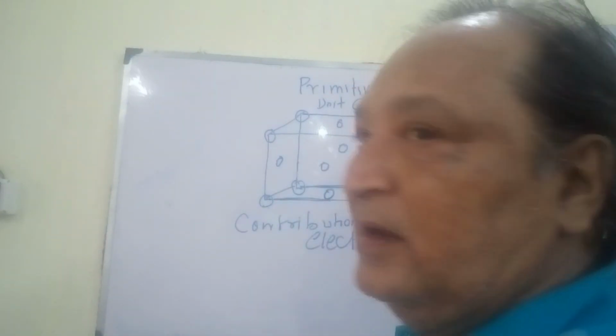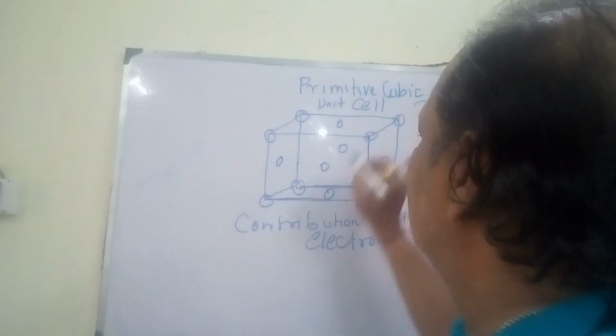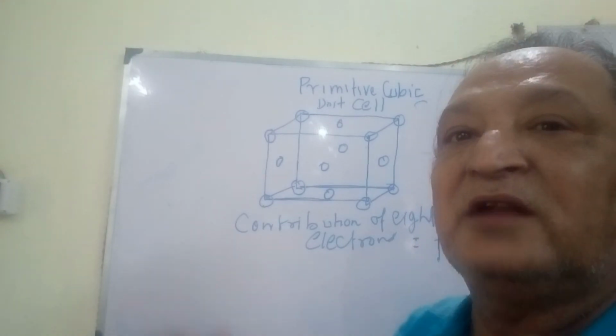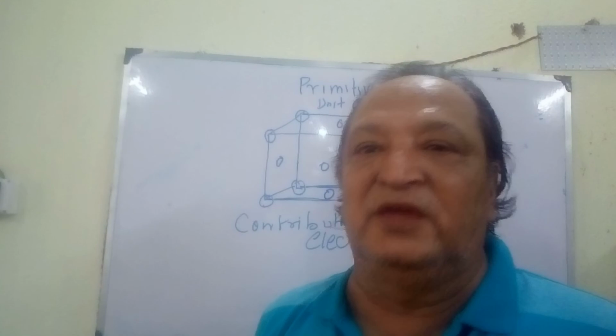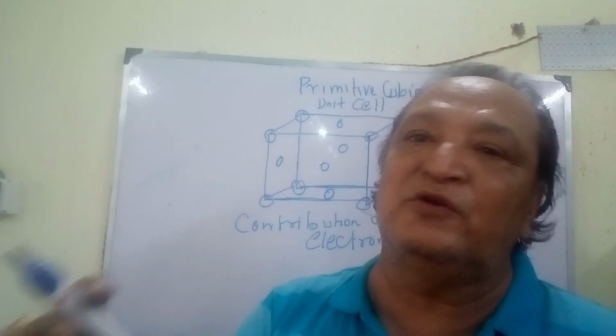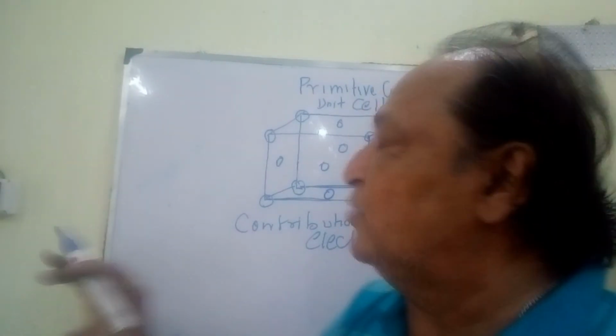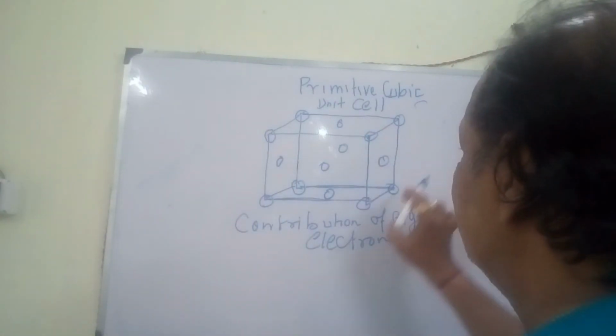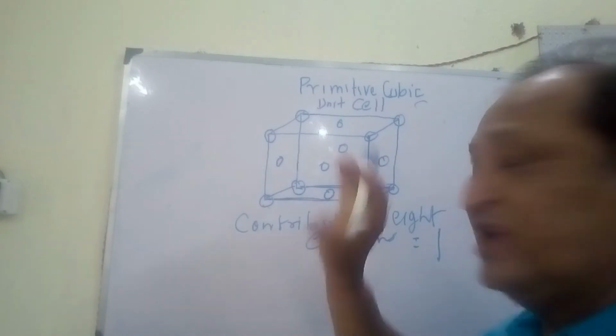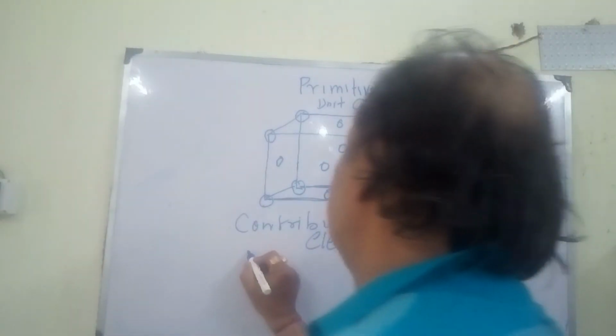And this atom is shared by 2 unit cells. See, consider a room. If you keep a window, the window will be shared by the next room too. Likewise, this atom will be shared by another. So how many atoms on the faces? 6.